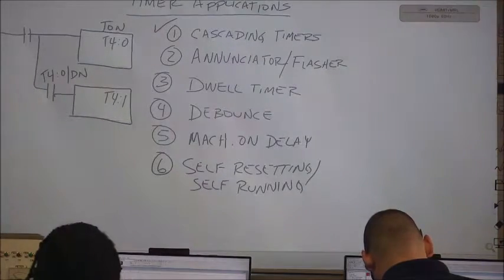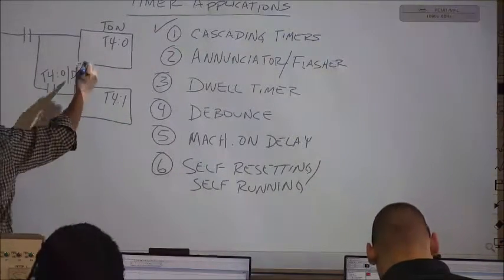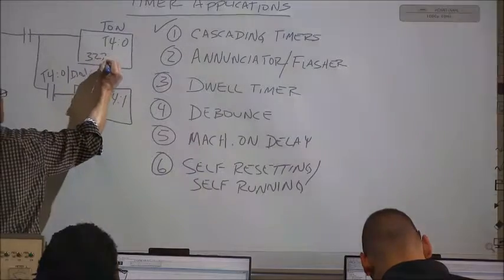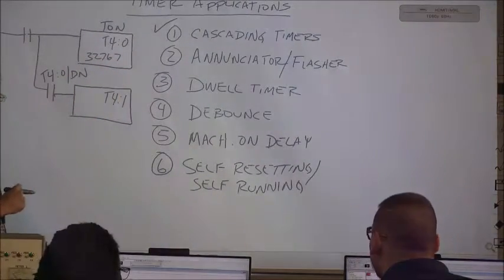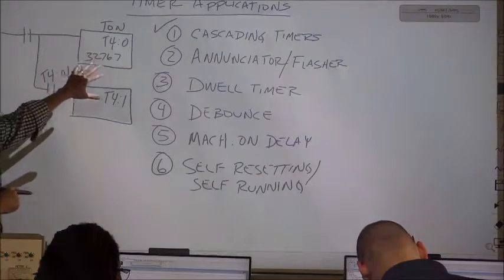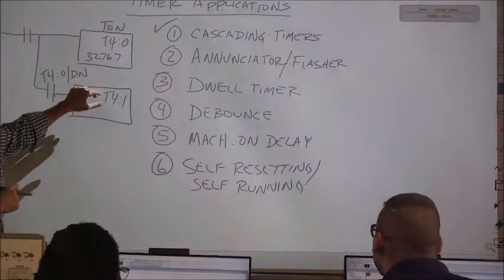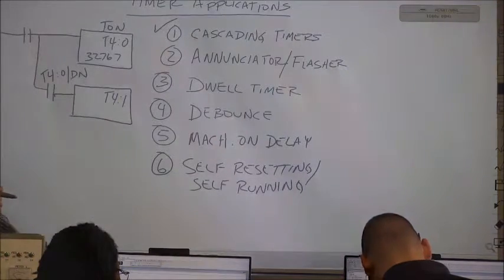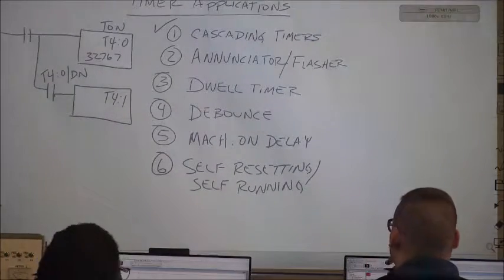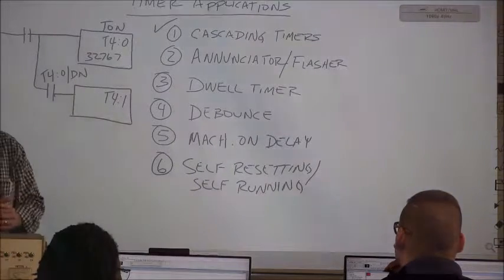See where this is going? If that maximum number is 32,767, and an application needs to go higher than that, I don't know how many minutes or hours that is. If you divide it by 60. Anybody have a calculator here?